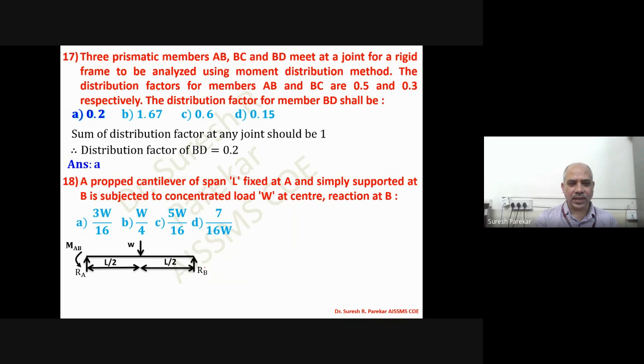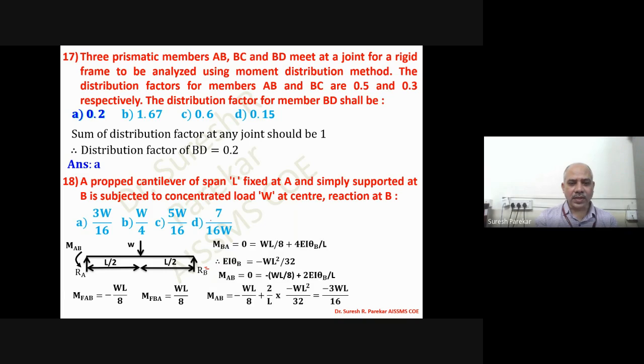So we have this reaction that is equal to, just we have seen, this will be 5W by 16 and this will be 11W by 16. Just we have solved one problem, and you can see this. We have solved this again by slope deflection. So answer we have 5W by 16, and that answer is C.